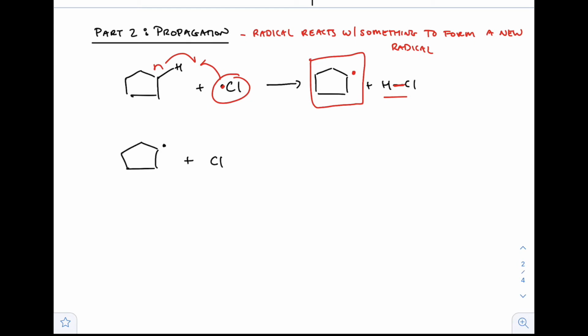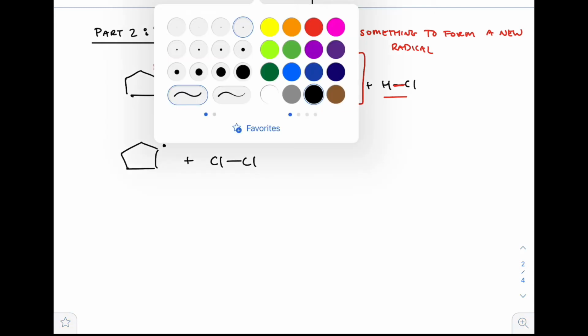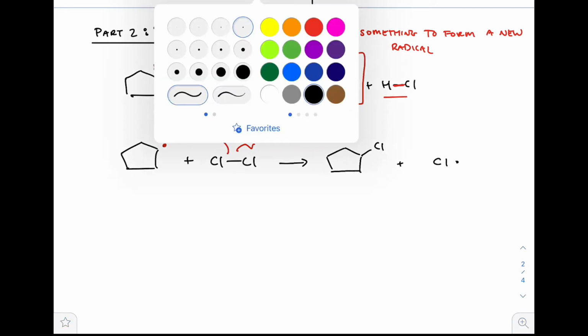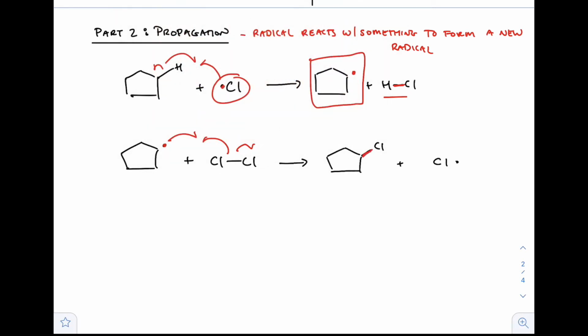All right, so the thing about this is that the cyclopentane radical can move on with its life and react with other things. You always gotta envision this in a flask or a beaker, in a vessel of some sort, with a bunch of stuff mixed together. There's still more chlorine around, and that cyclopentane radical reacts with that chlorine to form chlorocyclopentane as well as another chlorine radical.